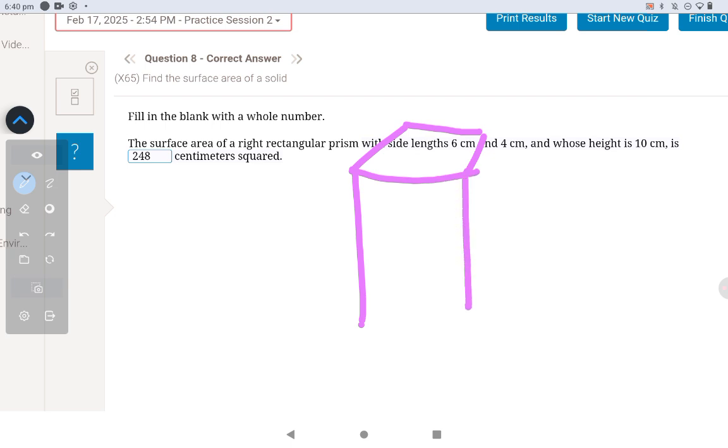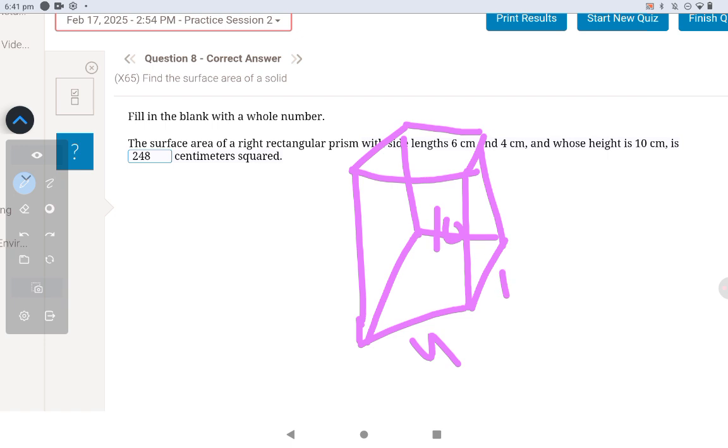If you ever feel confused, just draw a rough draft. Honestly, it helps a lot. Not the cleanest, but it doesn't matter. Now the height is 10 centimeter. Length 6 centimeter and 4 centimeter.